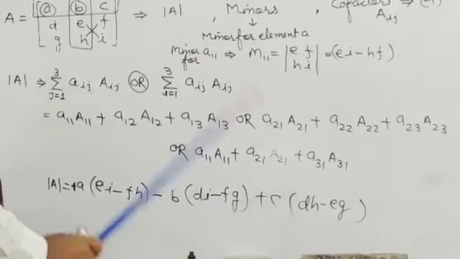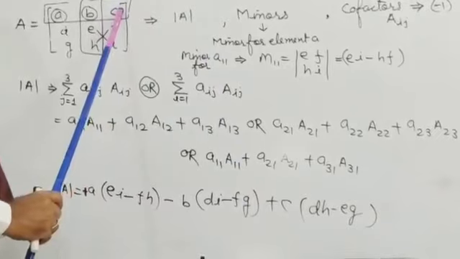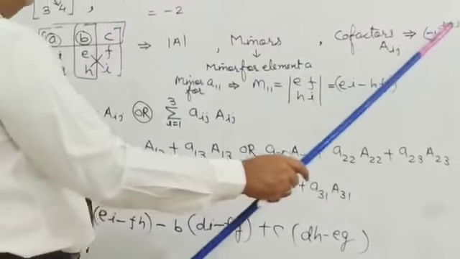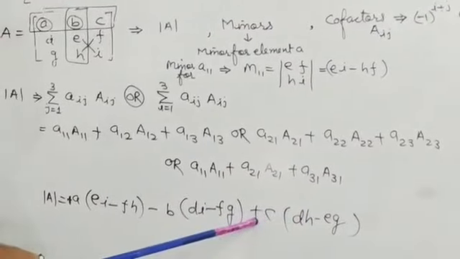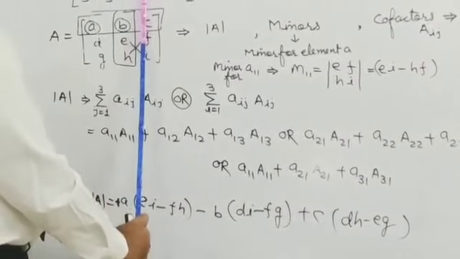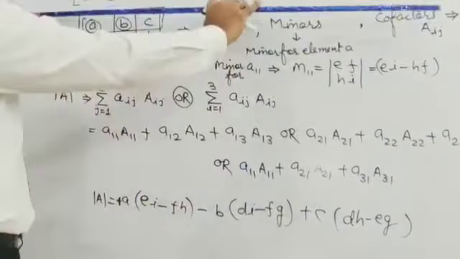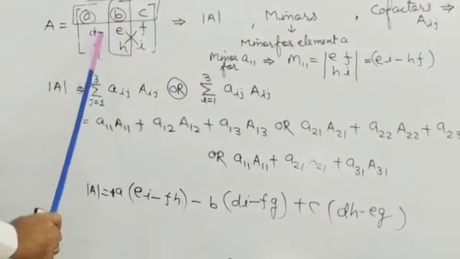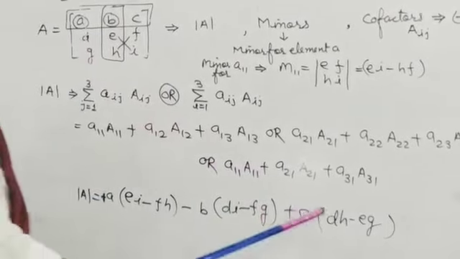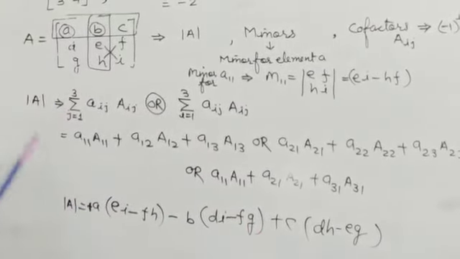For the third element C, this place is 1, 3. 1 plus 3 is 4, so the sign will be positive, so we are taking a plus sign. Then after eliminating this column and this row, we are getting the 4 members D, E, G, H. So the value is DH minus EG. So this is the value of this determinant.